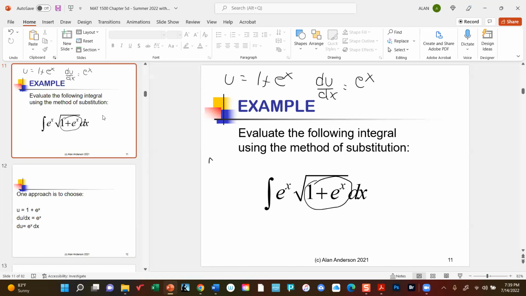Remember the derivative of e to the x is just e to the x. So this means that du is e to the x dx. And we do seem to have what we're looking for. We can rewrite it a little.